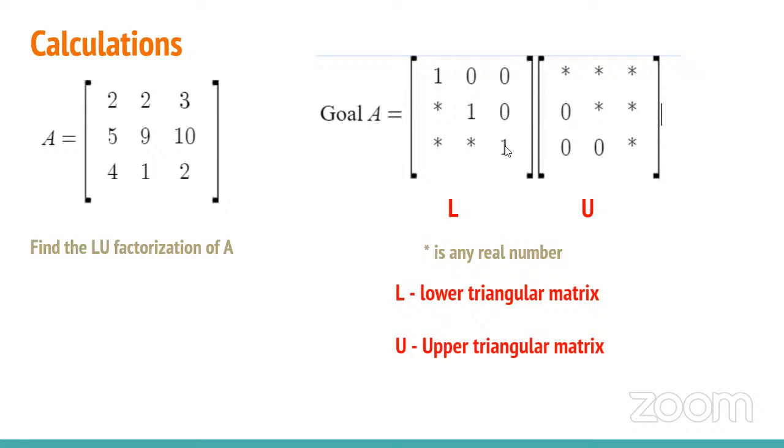The diagonal must have 1, and the numbers above the diagonal line must be equal to 0. The numbers below the diagonal line can be any number. We don't care. As for the U, the numbers on the diagonal line can be any number, and the numbers above the diagonal line can be any number, but the numbers below the diagonal line must be equal to 0. So that's for the U.